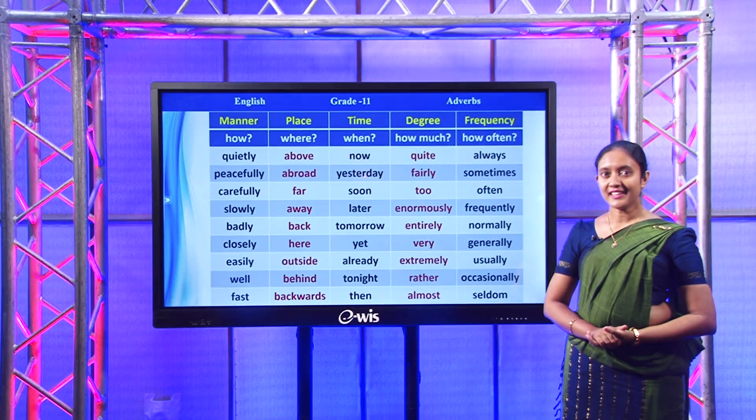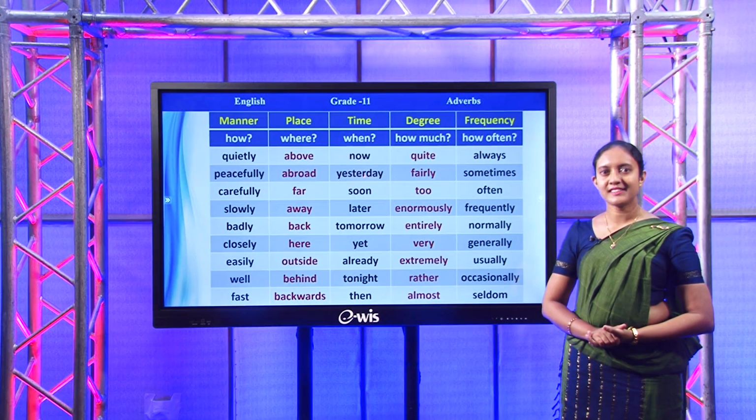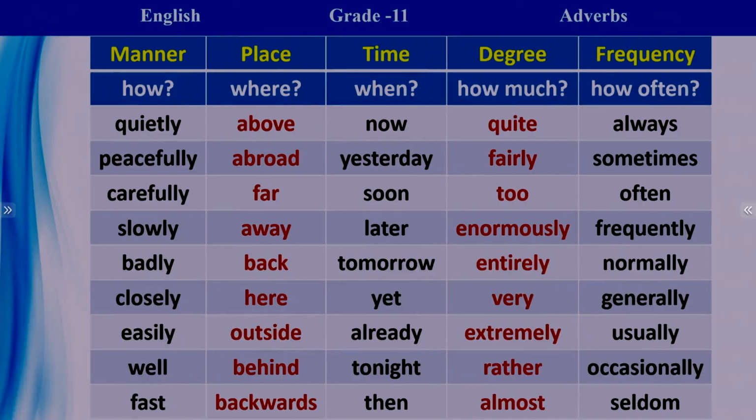Can you remember what adverbs of frequency are? Yes, they tell you how often something happens. Let's look at the examples. Always, sometimes, often, frequently, normally, generally, usually, occasionally and seldom.